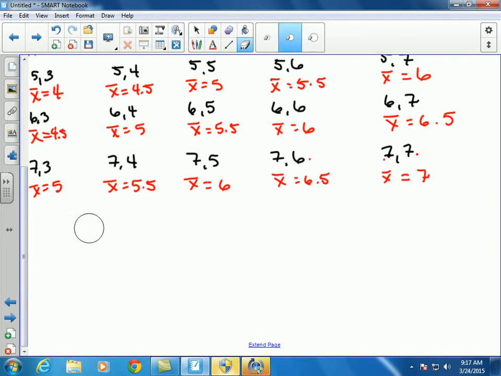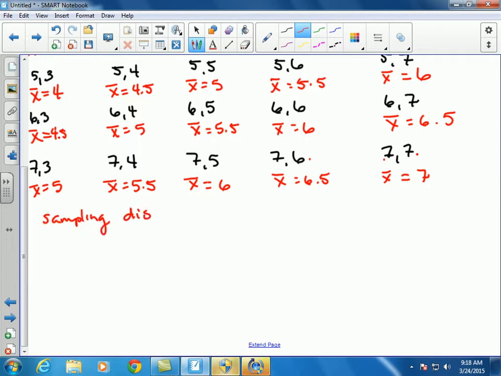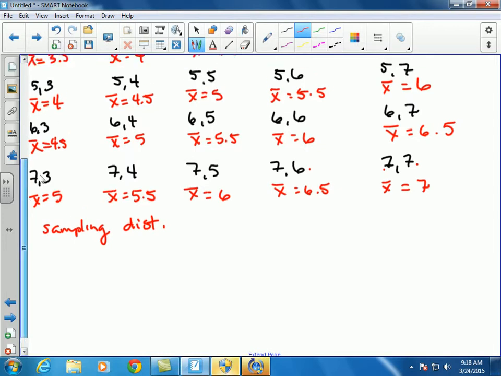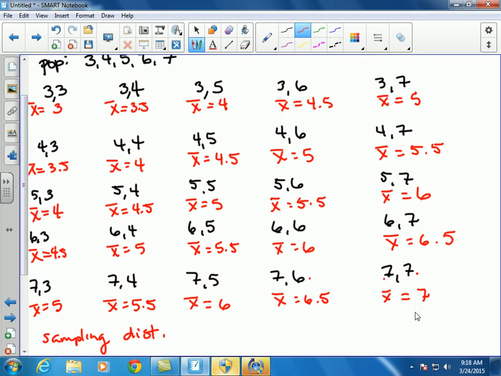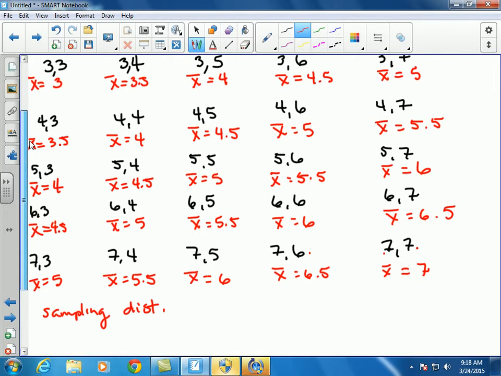Okay? So if I take this, I'll do red, and I do the sampling distribution. Okay, the sampling distribution consists of the numbers between 3 and 7, right? So those are the numbers.